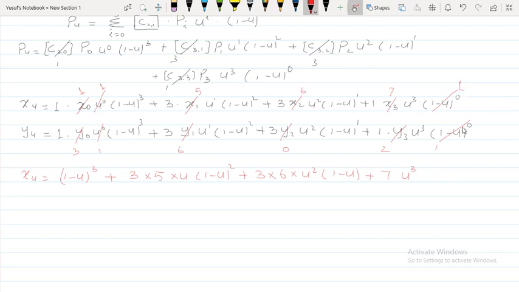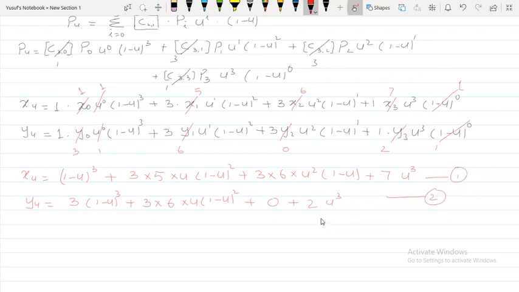So the equation of y will be: y of u is equal to 3 into 1 is 3, 3 (1 minus u) cube, plus 3 into 6 into u (1 minus u) square, plus 3 into 0 will be 0, plus 2 u cube.